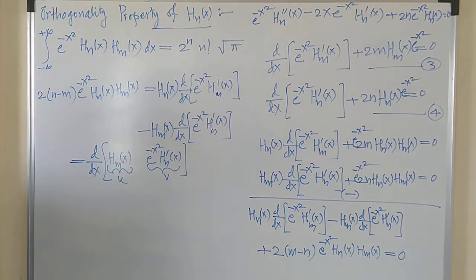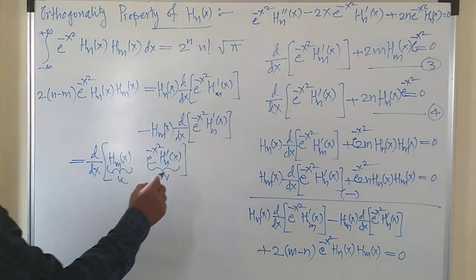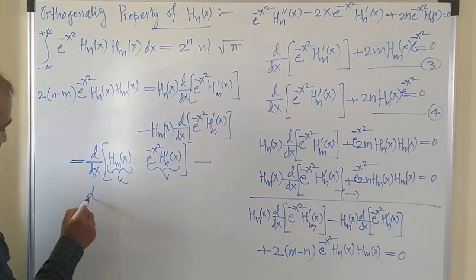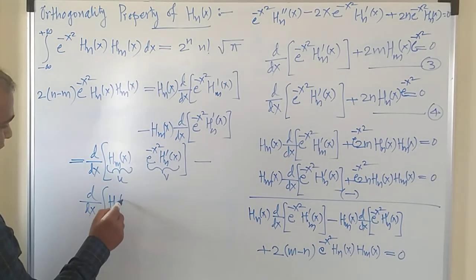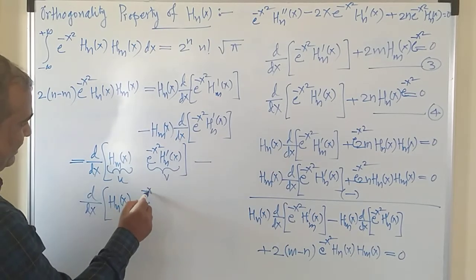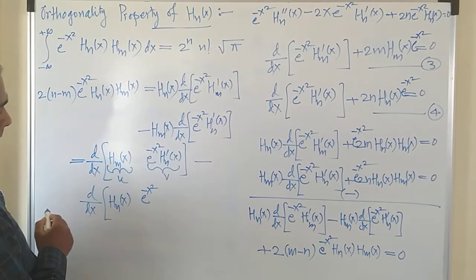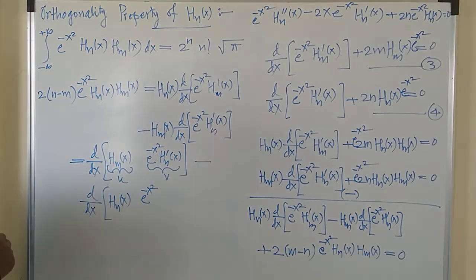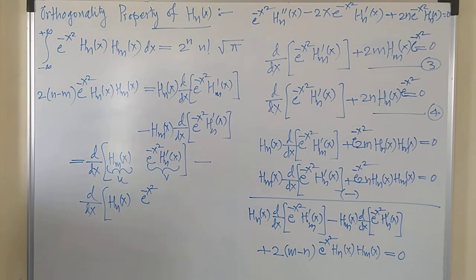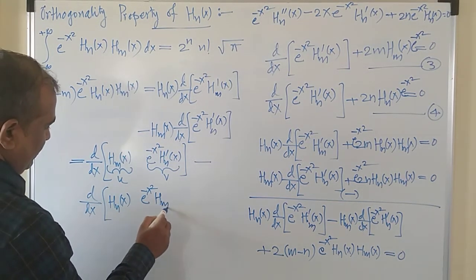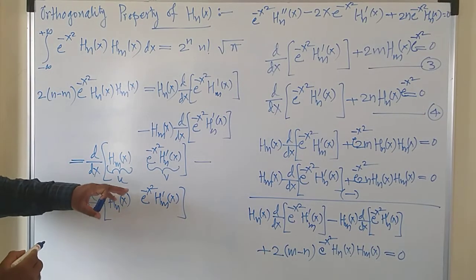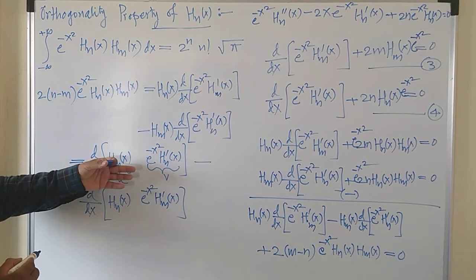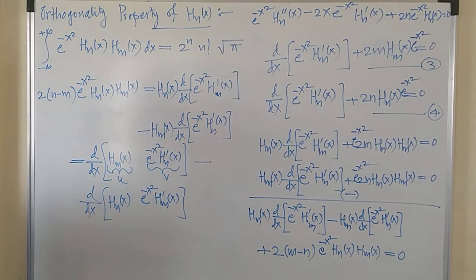Similarly for the second one also, you can write a differentiation, so minus times d dx of Hn of x into e raised to minus x square into Hm dash of x, right? If you simplify this, there will be extra terms, but the extra terms will get cancelled to each other and we will get these terms, right?